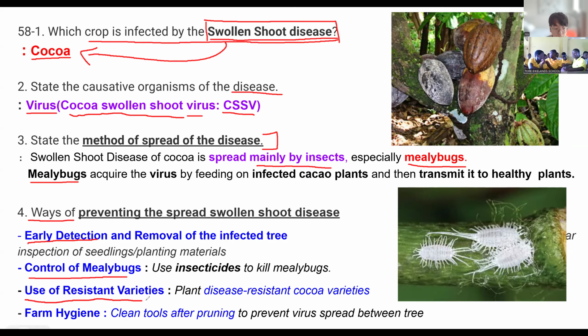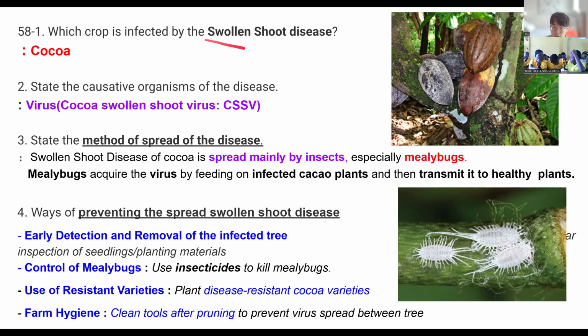You can use resistant varieties, so you can make the plants more resistant to the bugs. And then there's farm hygiene, which is using clean tools after pruning to prevent spreading the virus between the trees. Okay, yeah. This was just a question about the swollen shoot disease. So I hope you guys were able to learn something about it.